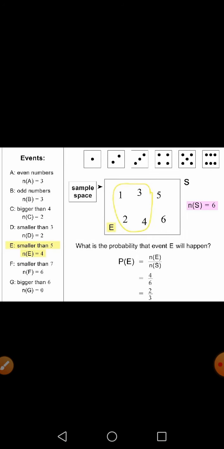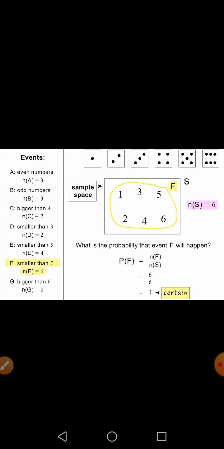Okay, here for E, smaller than 5, the probability of E is the number of the event over the number of all outcomes. So it will be 4 over 6 equals 2 over 3 and so on.